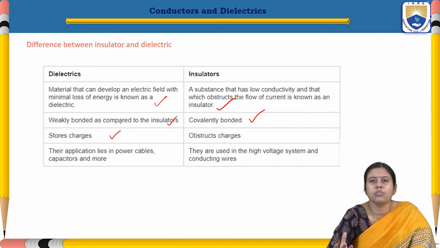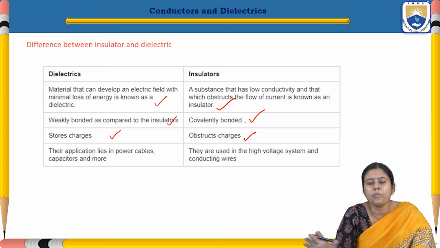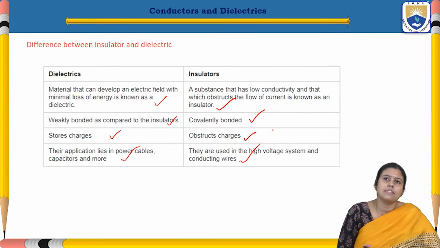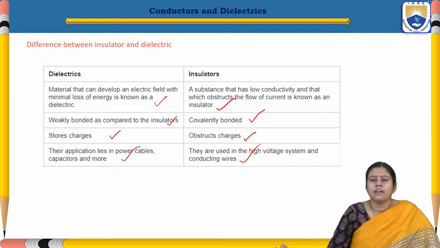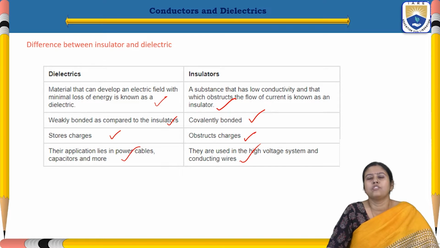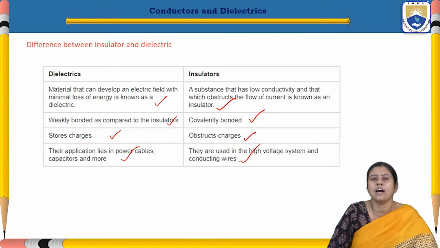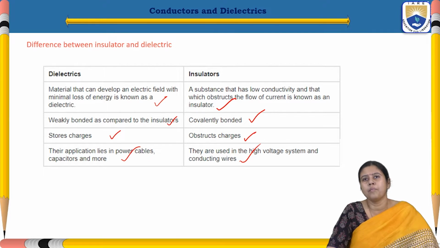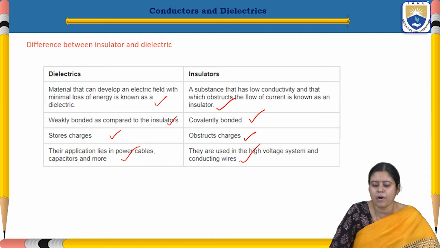In the capacitor, according to the definition, the dielectric stores the charges. But the insulator obstructs the charges and only stops them from flowing. Their application lies in power cables for high voltage, like porcelain, glass, and impregnated paper. These are insulators, but air is a dielectric. Another dielectric can also be used in power cables.